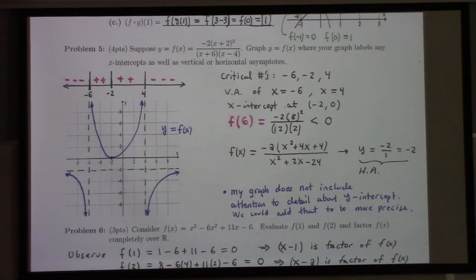All you have to do is find a number over here like -7 or -8 and just plug it in here and see what you get, right? Or try plugging 0 in. What do you get? 0 gives me -2 times 4, which is -8. -8 divided by -24. So apparently I get -8 over -24, which is 1/3.